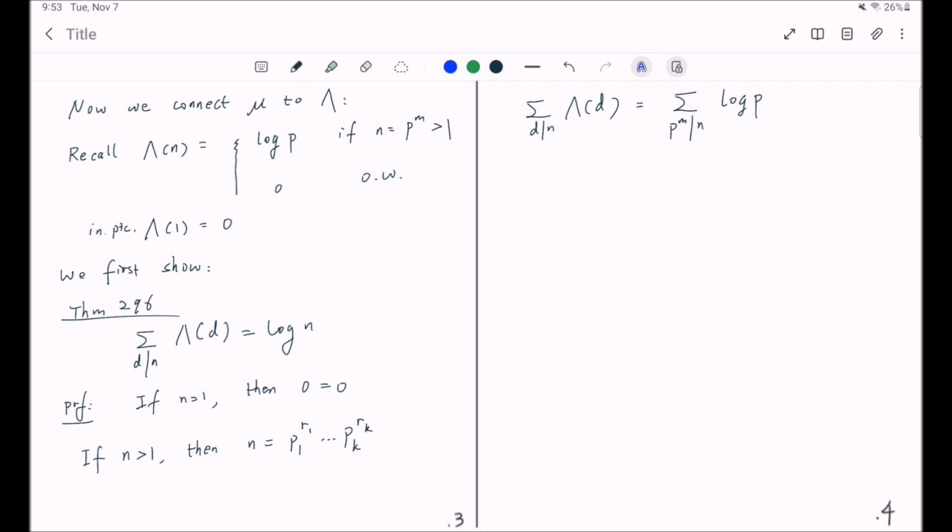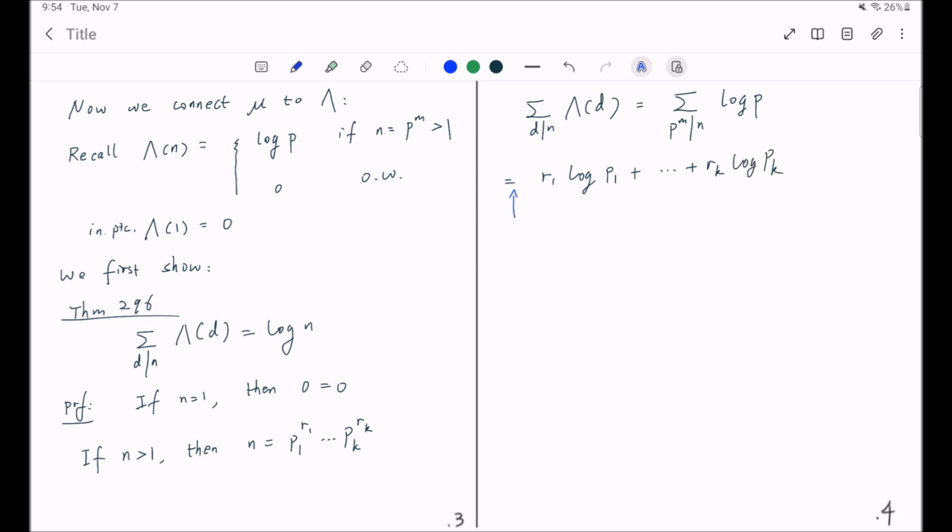More precisely, in view of this prime decomposition, for each prime factor of n, we count the multiplicity of that prime factor in n. For example, the multiplicity of p1 is r1, the multiplicity of pk is rk. So in total, we are summing up r1 times log of p1 plus ... plus rk times log of pk.